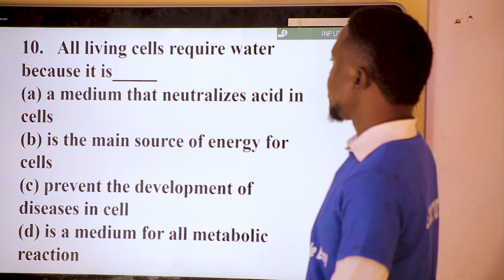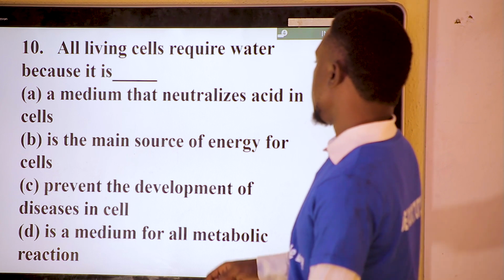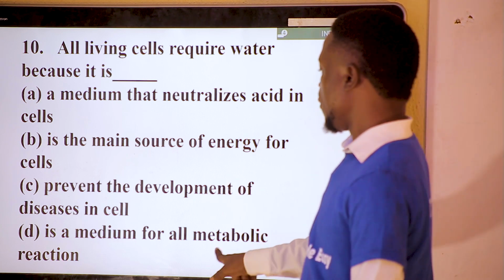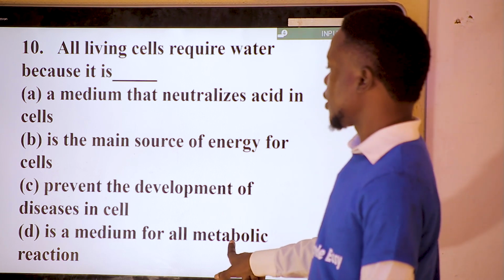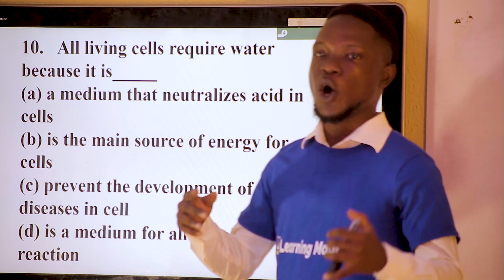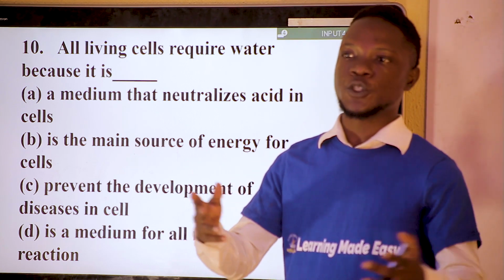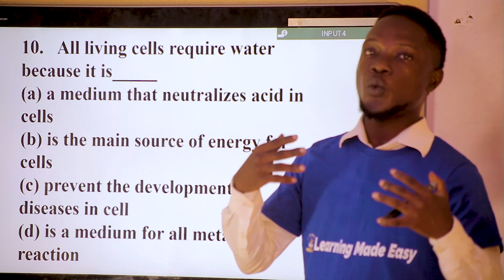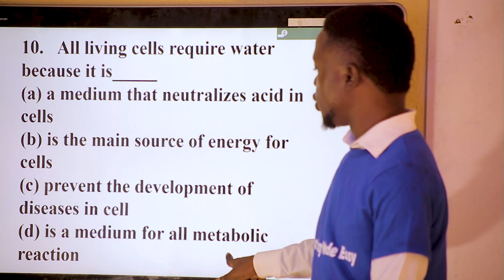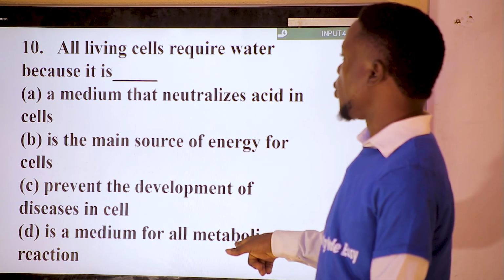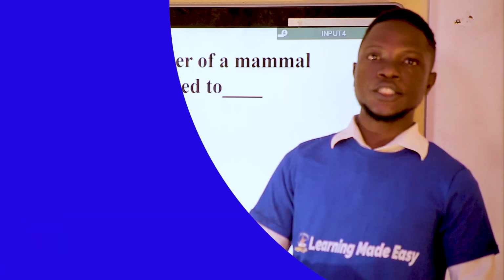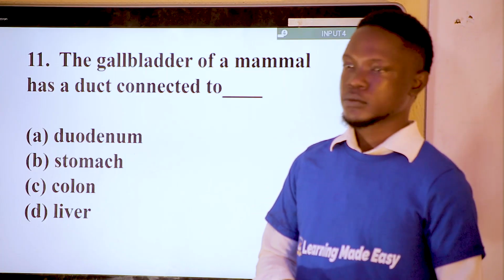The answer to this question is it is a medium for all metabolic reactions. So that is why all living cells, whether plant cells or animal cells, will require water because it is a medium for all metabolic reactions.